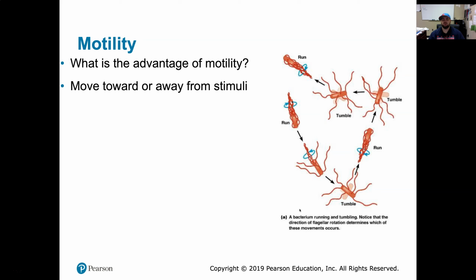If we were to ask chemo versus phototaxis, taxis is movement, so chemo is movement towards or away from a chemical, and phototaxis would be light, so movement to or away from light.